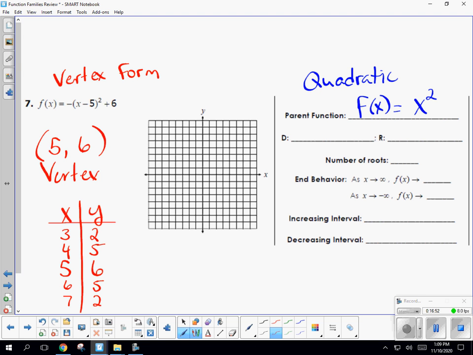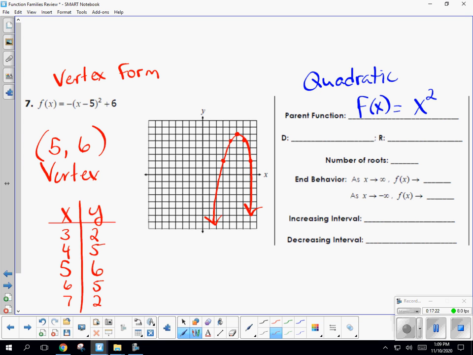So like 5, 6. And 4, 5. Mirrored over there at 6, 5. And then 3, 2. Okay, graphing our parabola with a smooth curve.